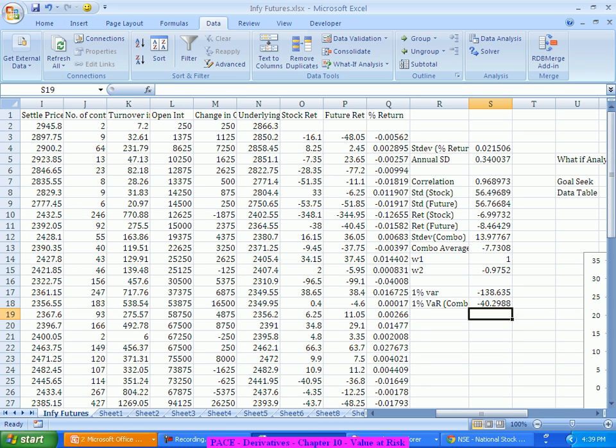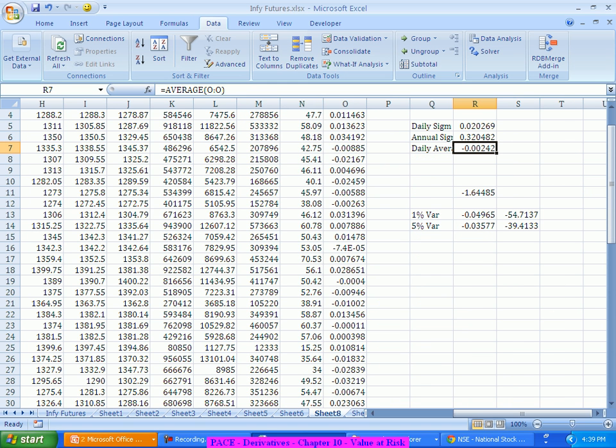So the more I am able to reduce my VAR, the more it adds to my benefit. So this is one method where I use a variance and covariance approach to find out the VAR. Then we also have a historical simulation approach.